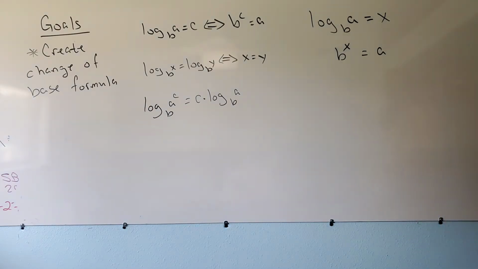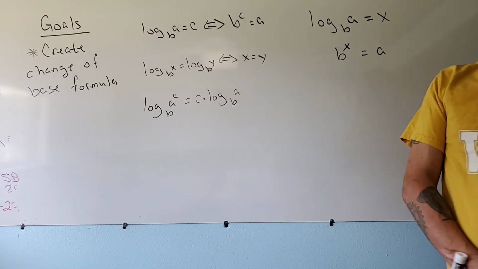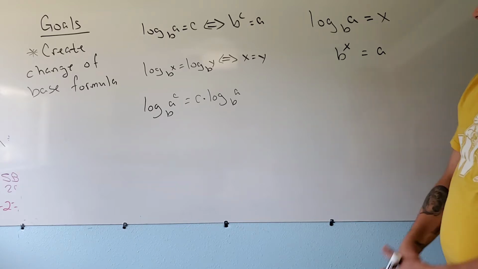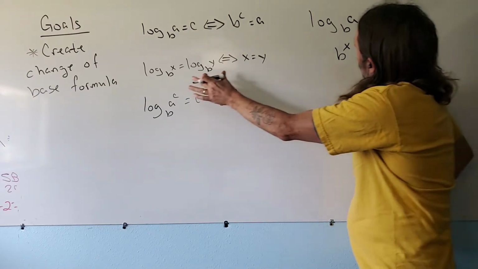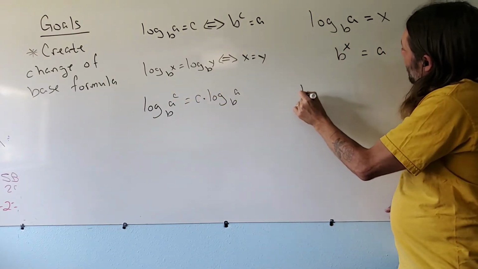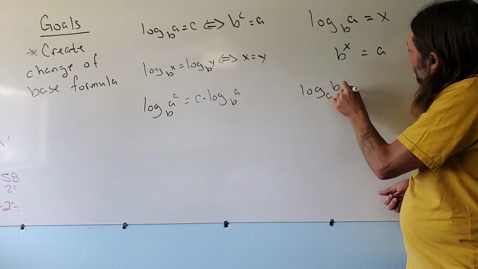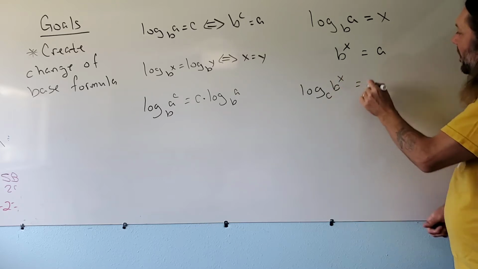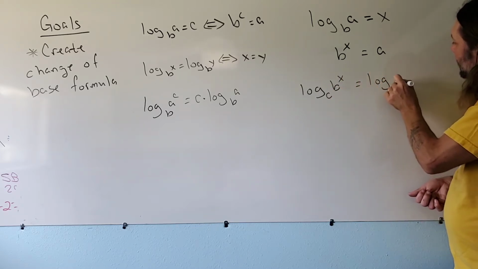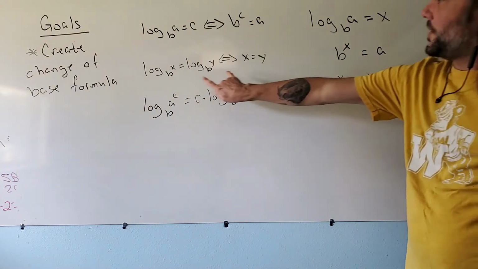And so, for this problem, I'm going to use, let's say, base c. So I'm going to turn it into this. Now I'm going to get log base c of b to the x power is equal to log base c of a. Okay, so again I had this and I turned it into that.